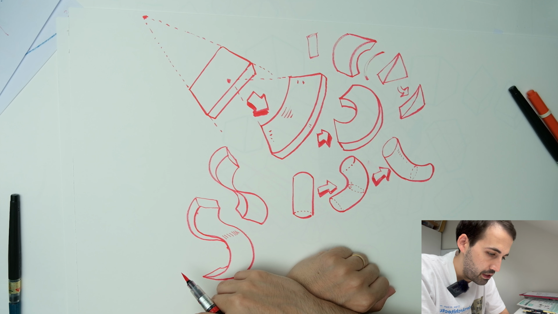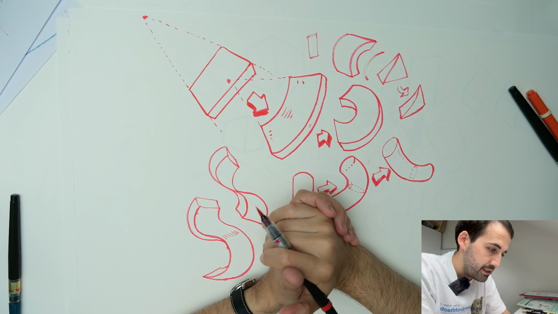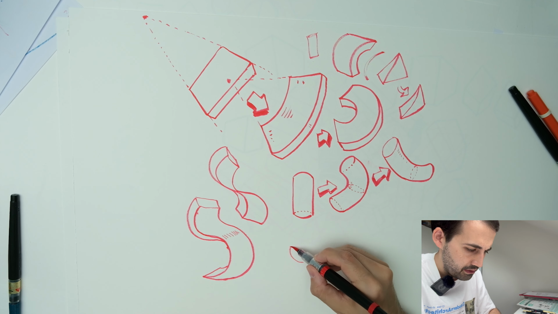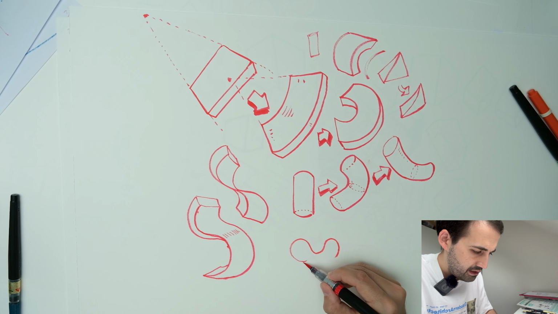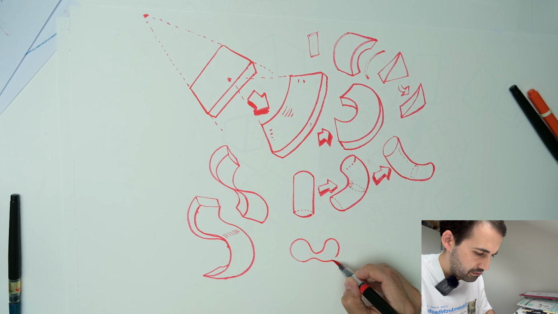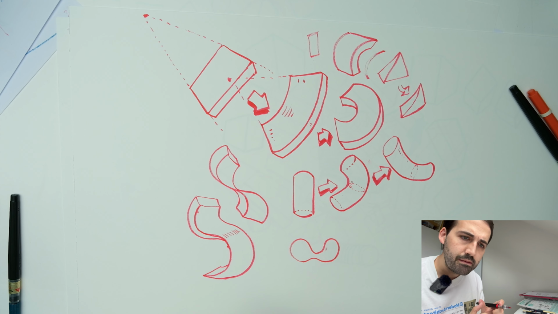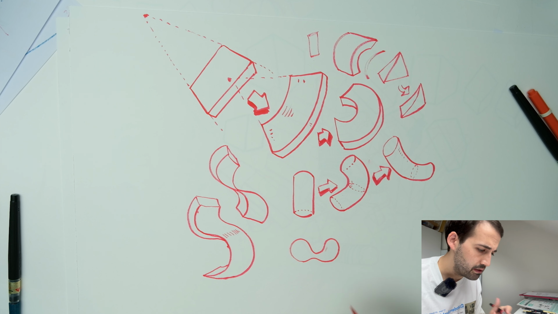So my recommendation is to try and practice twisting and bending as much as you can. Even the circle, probably the easiest one, because it's the most amorphous shape, so you don't need to be as careful with perspective here.